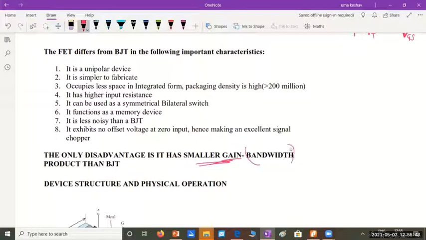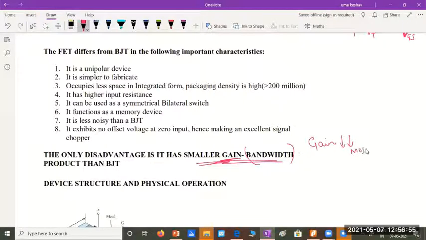Actually, the bandwidth is higher in FET, but we normally consider the product of gain and bandwidth as a measuring parameter rather than simply considering gain. So basically, gain is lower in FET than in BJT.